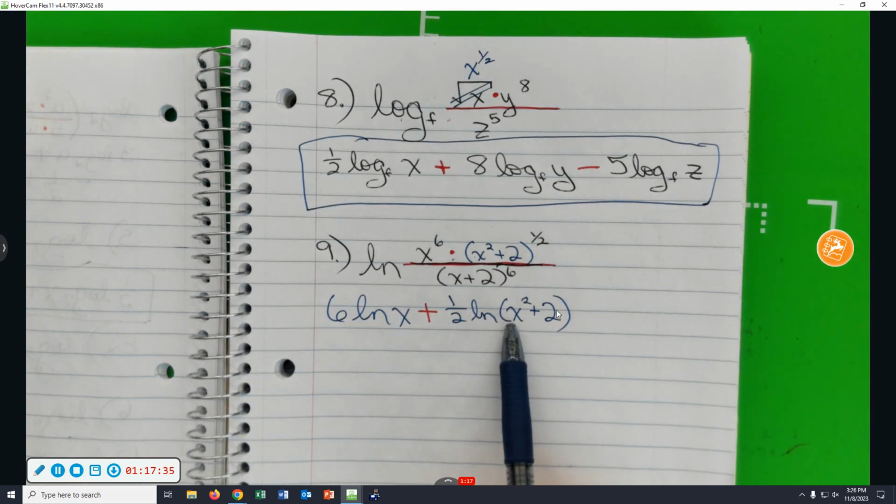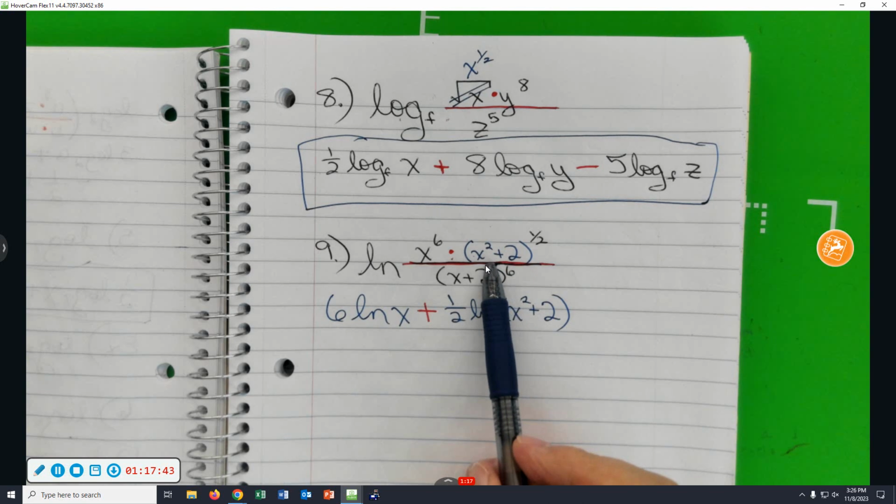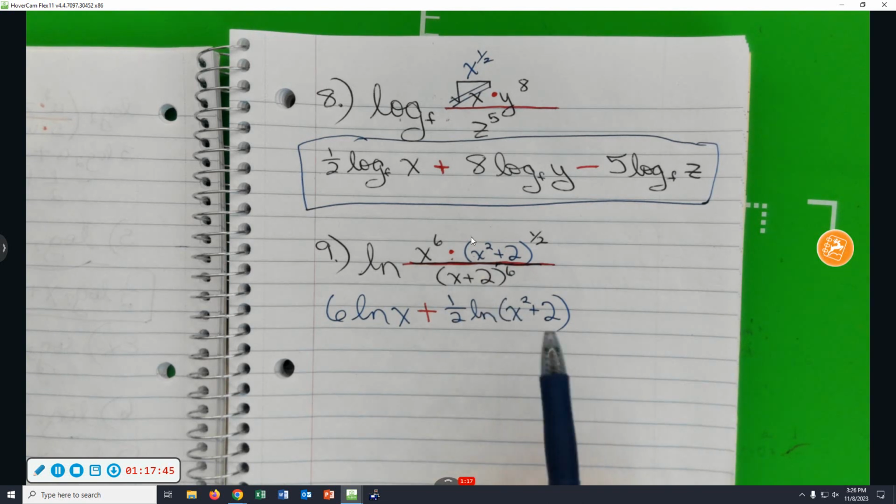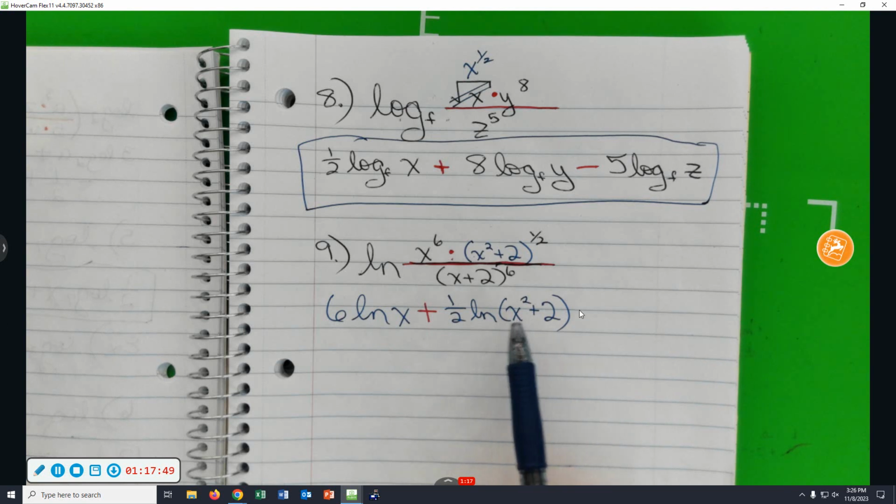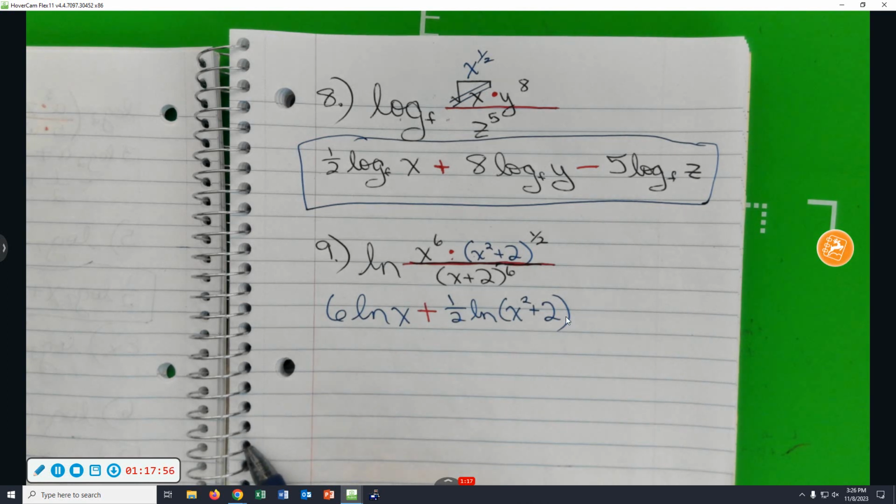If you don't include the x squared plus 2 in parentheses, you're only taking the natural log of x squared. It has to stay in parentheses. Otherwise, you're not taking the natural log of the sum. Plus or minus?